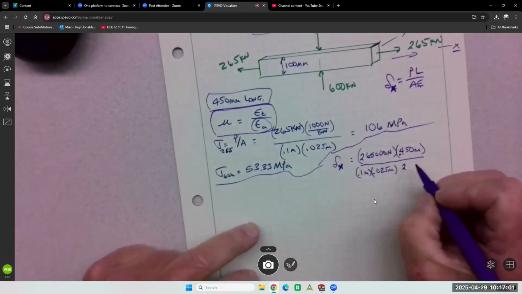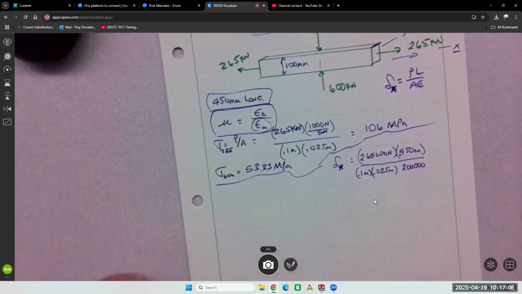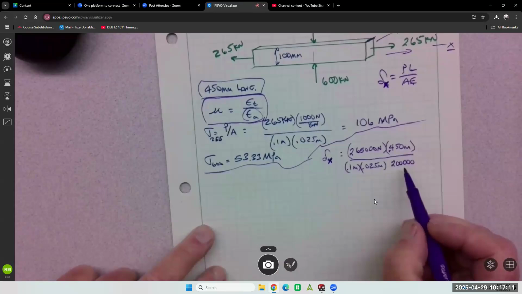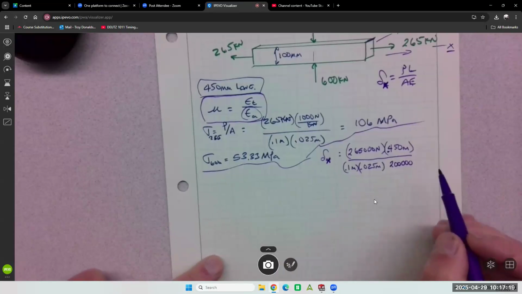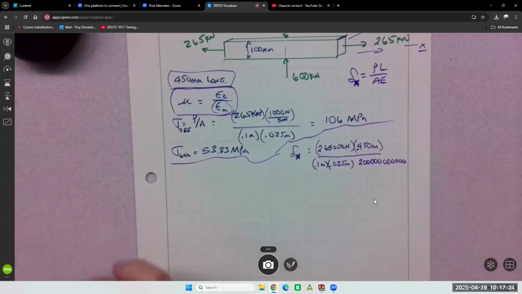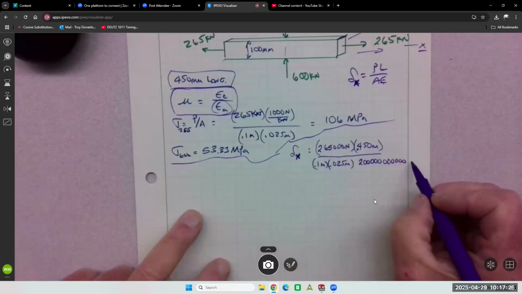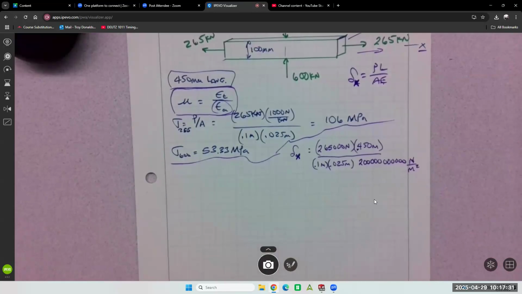So this is the hard part. 200 times 10 to the 3, and then it's megapascals. So it's 200,000 megapascals. Everyone get that? So it's really 6 more zeros, newtons per meter squared to get to pascals. A pascal is a newton per meter squared. Wow, that's a lot.